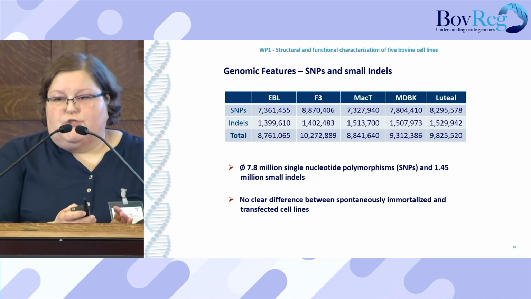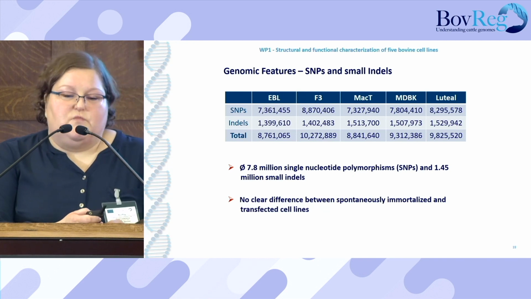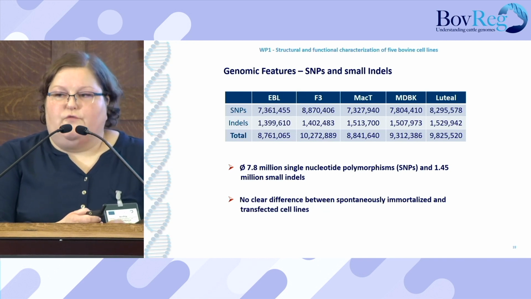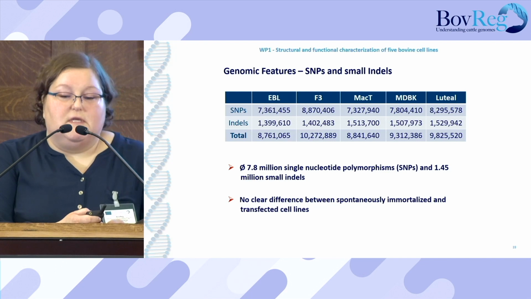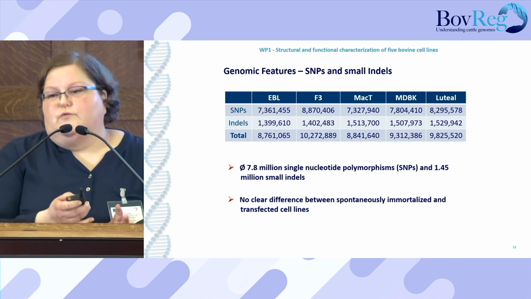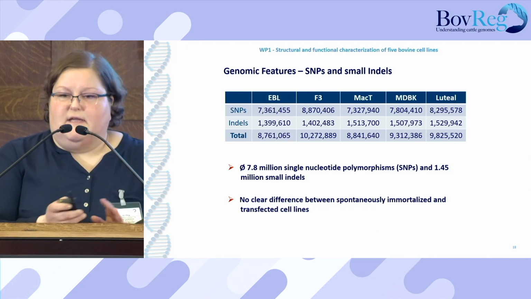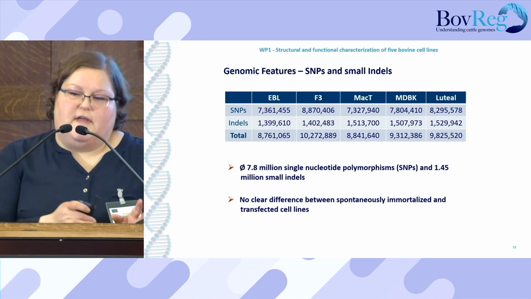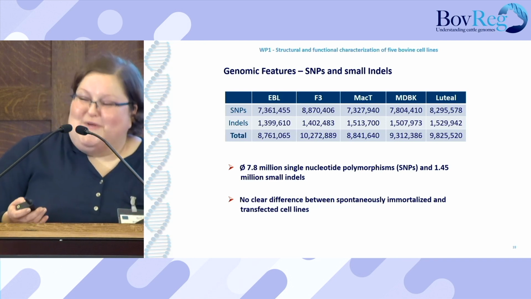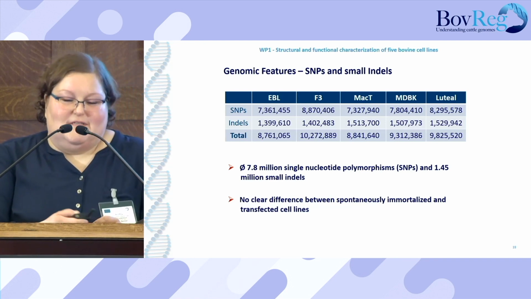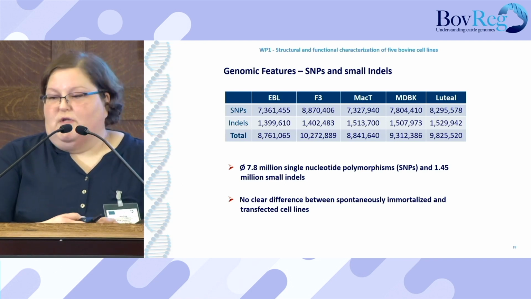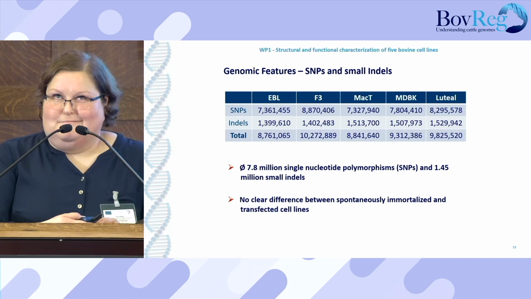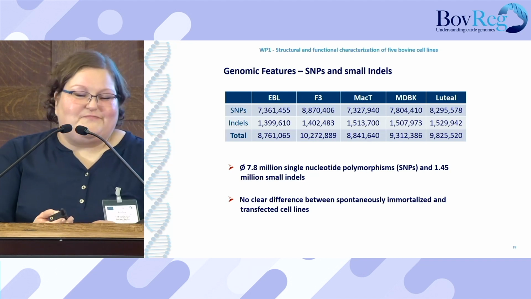On average, we identified 7.8 million SNPs and 1.45 million small indels, but you couldn't really see a difference between the cell lines in general, and also you couldn't see any difference between the transfected and the spontaneously immortalized cell lines.